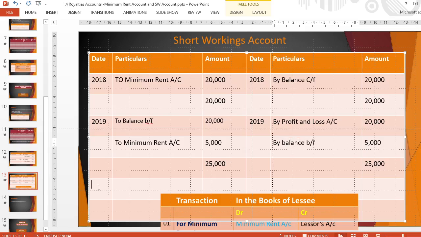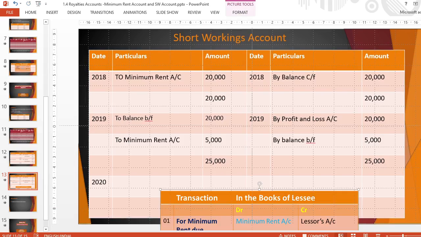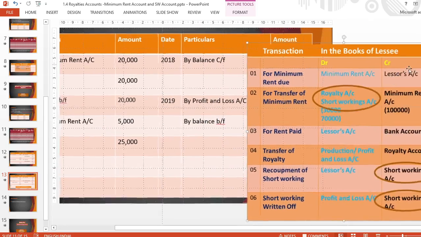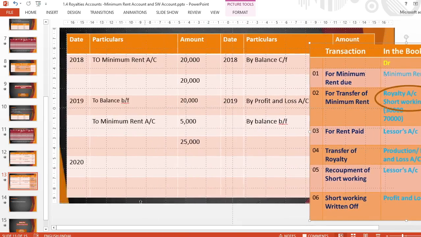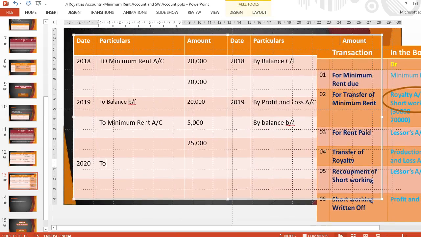And in the year 2020, I'll record the opening balance to balance brought forward. So opening balance 5,000.